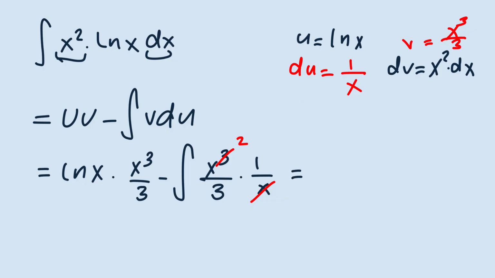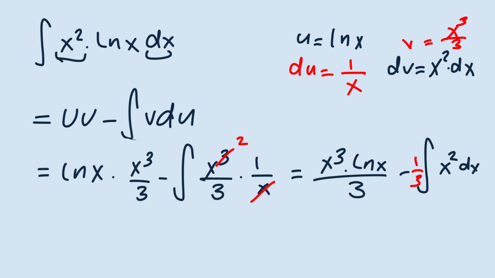Now this expression I can rewrite as x cubed times ln x divided by 3, minus the integral. Now instead of writing x squared divided by 3, I will take 1 over 3 and bring it to the front. So it will be 1 over 3 times x squared dx.